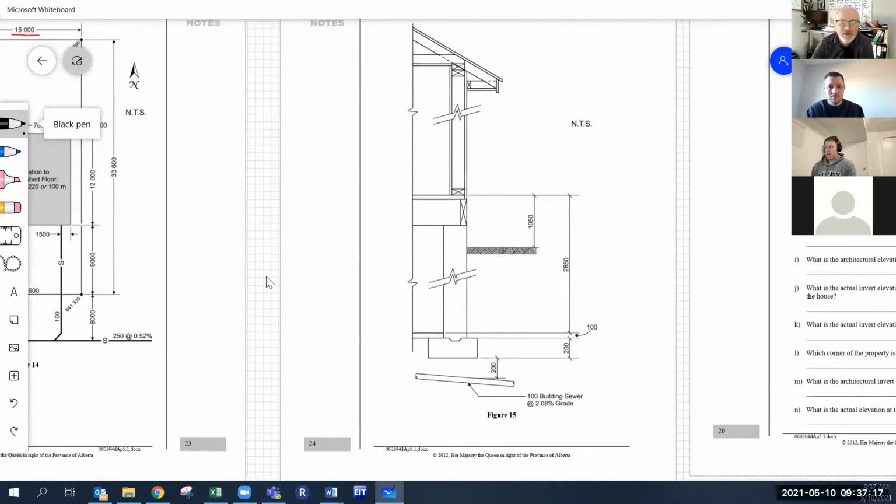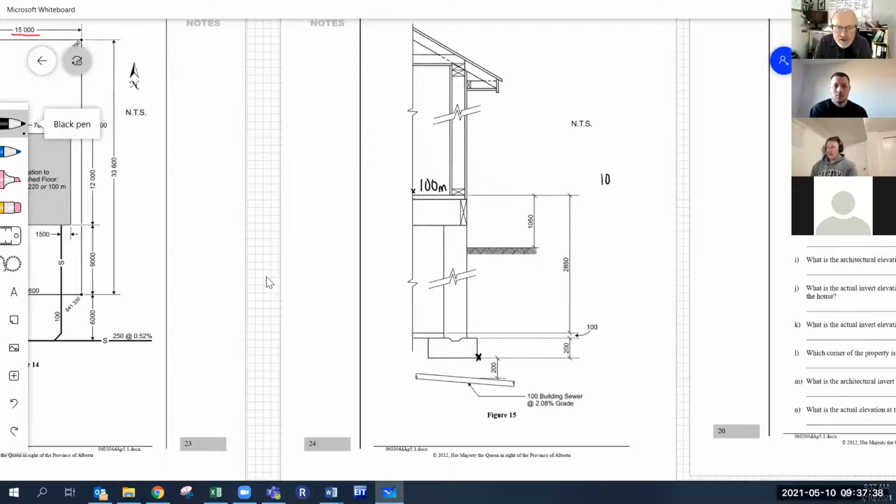So we're gonna go back here. Now, architectural elevation, as you know, we start at the top of the main floor, which is 100 meters. So we want to know the bottom of the footing. So right here is where we're going.